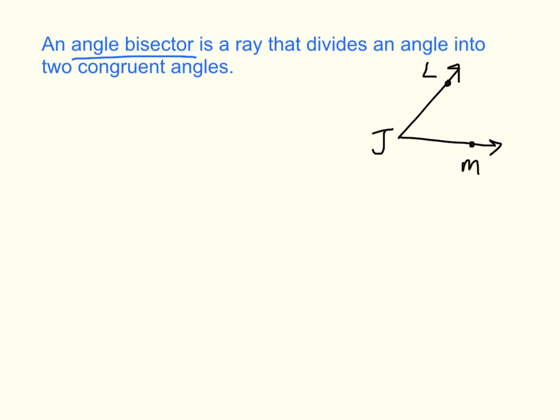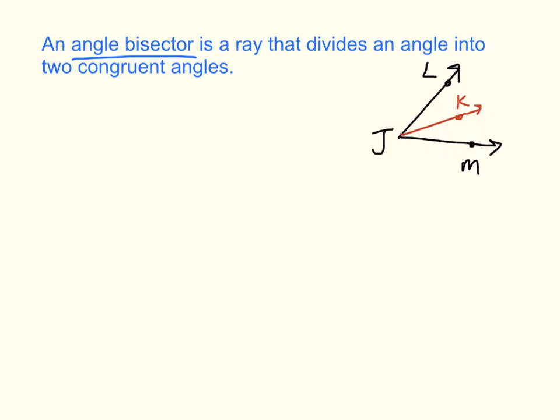There's our angle. I'm going to say that we have a ray JK. Ray JK, this is important. Ray JK would be the angle bisector. So ray JK bisects angle LJM.